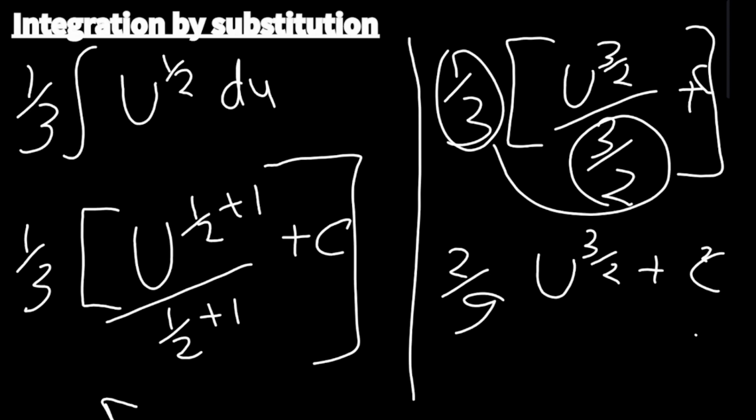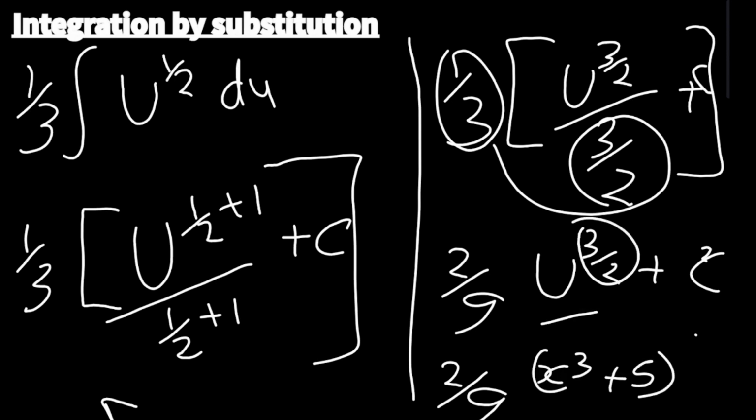Our u was x cubic plus 5, so our final answer will be 2 over 9 u, which was x cubic plus 5, raised to this 3 over 2 plus c. There is no space there, plus c. So this is our final answer. Let's look at another example.